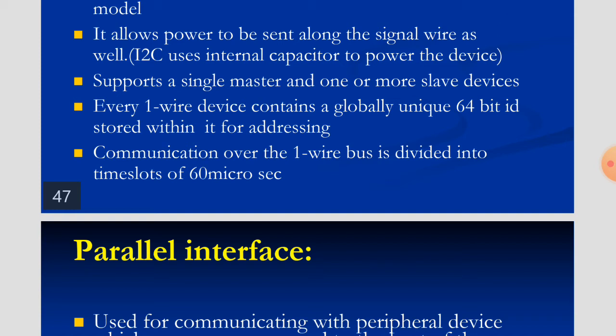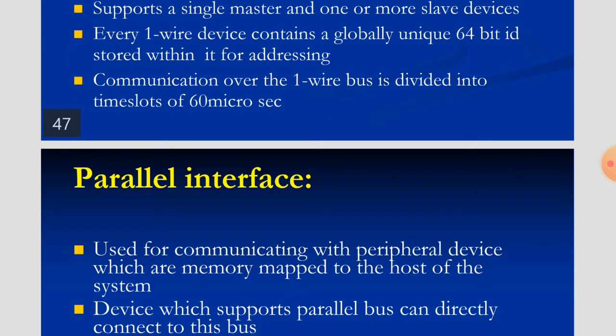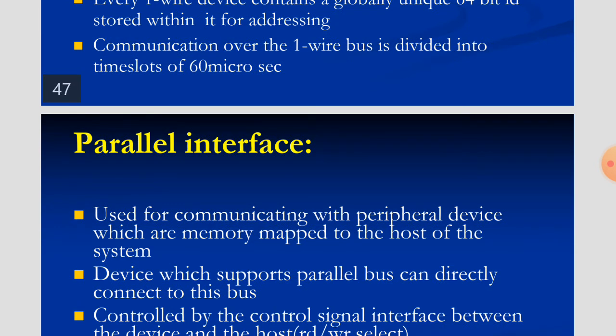That means every device has a unique ID to identify it, and this depends on the address of each slave device that is controlled by the master. Communication over the one wire bus is divided into time slots of 60 microseconds. So every device is going to communicate with the master over a time period of 60 microseconds.